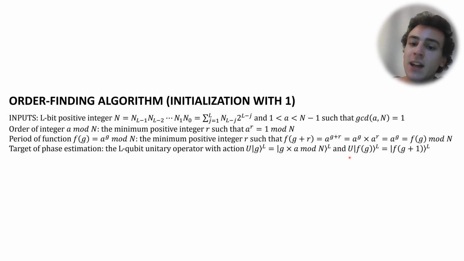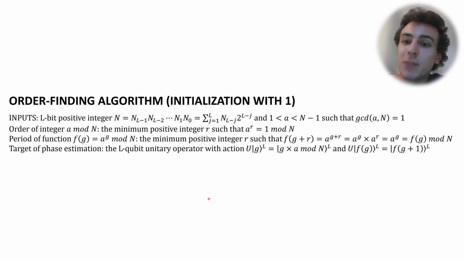Now let's have a look at this other way of representing the action of this unitary operator. If this unitary operator acts on a state that is labeled by f of g, then it's going to turn this into the state labeled by f of g plus 1. So why does this work? Well, let's have a look at the definition of the function. We have f of g is equal to a to the g mod n. So if we have a to the g as the initial state, and then we multiply by another factor of a, that's going to give us a to the g plus 1. So we're going to have a to the g plus 1 as the label.